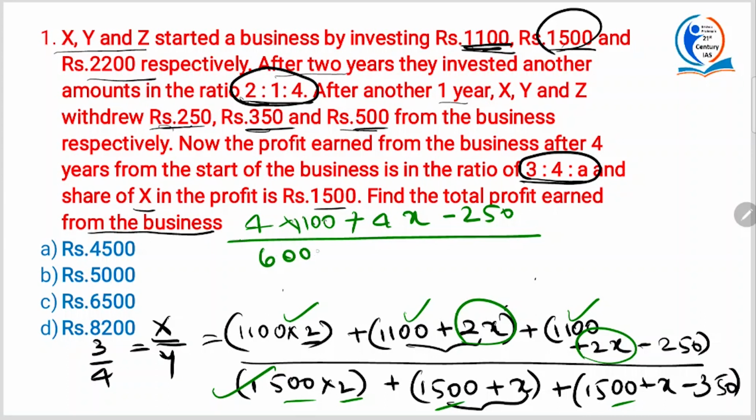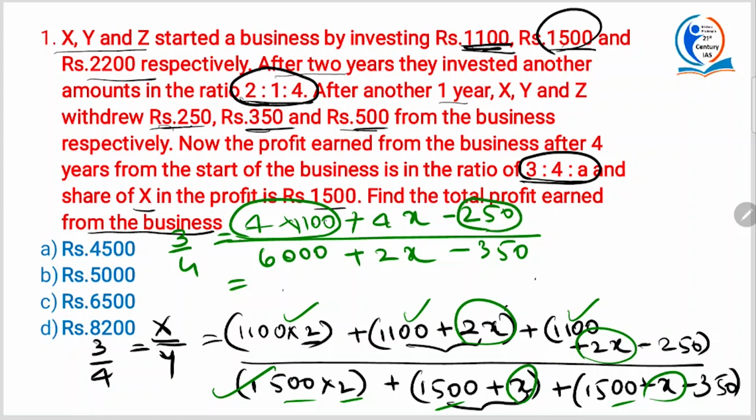It is 6000 plus x plus x, 2x, minus 350, is equal to 3/4. Now, 4400 minus 250 is 4150. So 4150 plus 4x, by 6000 minus 350 is 5650 plus 2x.